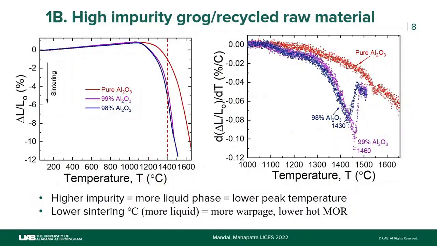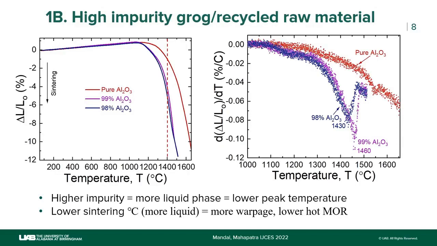The second thing is that if your raw material has impurities in it, so what happens is that this red curve is the pure alumina, the alumina without any impurities, and it is 99.5% pure. And then this alumina has some added impurities.